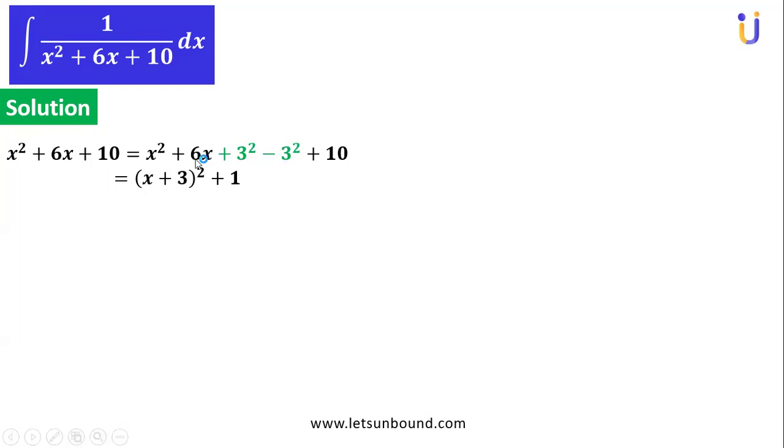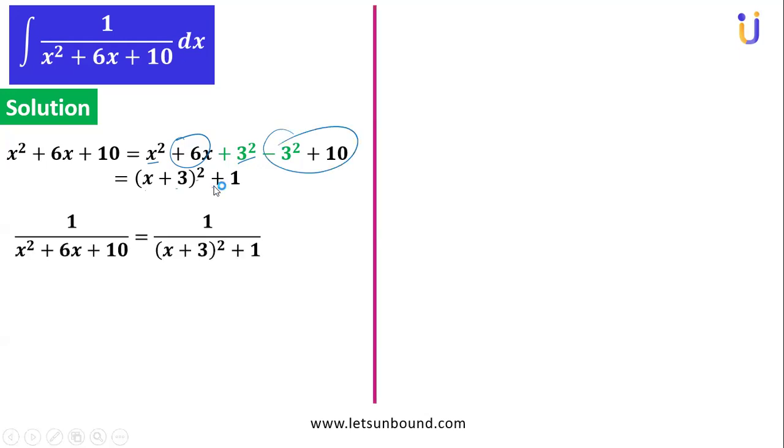The coefficient of x, you divide it by 2. It's 3. So add 3 square minus 3 square. Now the addition of 3 square with the x square and x term will make a complete square. So this is your A, this is your B, and you have a middle sign as plus: x plus 3 the whole square. And if you simplify the rest, 1. That's it. Now 1 by x plus 3 the whole square plus 1.